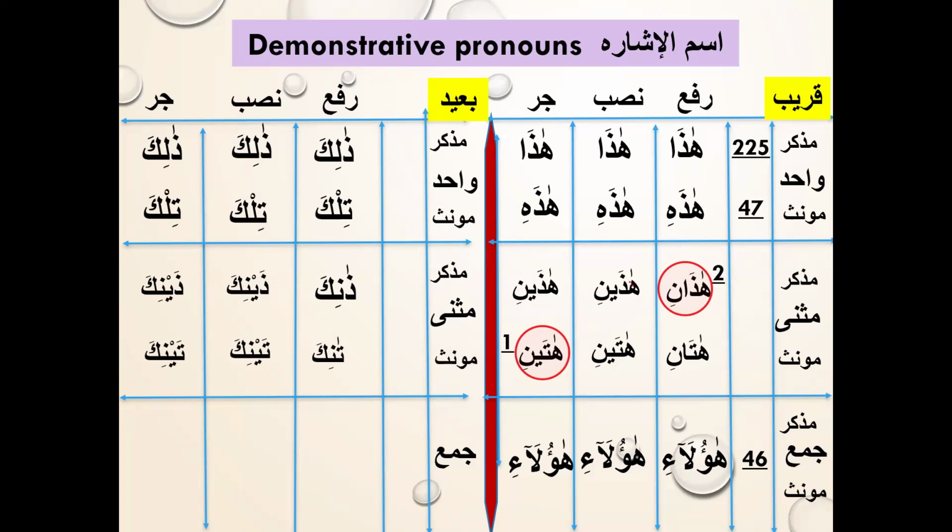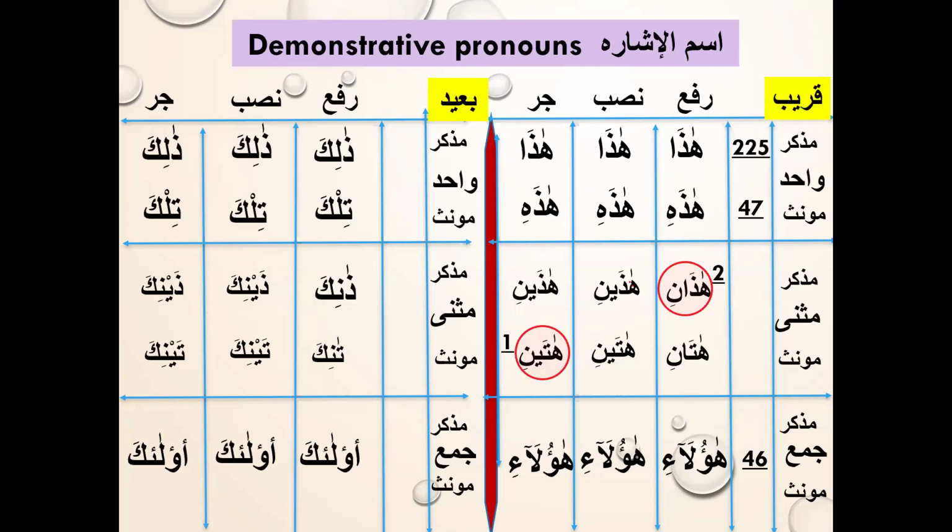For the jama, same as for the ishara lil qarib, for ishara lil ba'id we use the same word for both genders, muzakkar and muannas. We use the same word, and it is ulaika, and it is used many times in Quran. So ulaika in rafa, nasab, and jar state, in all states we will say ulaika. We will not change any haraka or any i'rab of it.